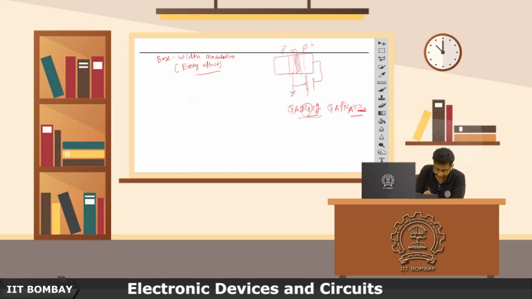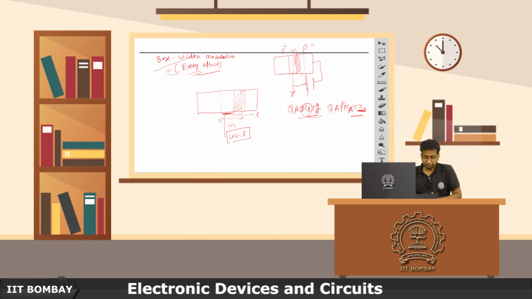So you can have something like this. Let us say my entire initial length was WB and this length now becomes L. So the effective base width is WB minus L. This phenomenon has important consequences, and it is known as base width modulation.